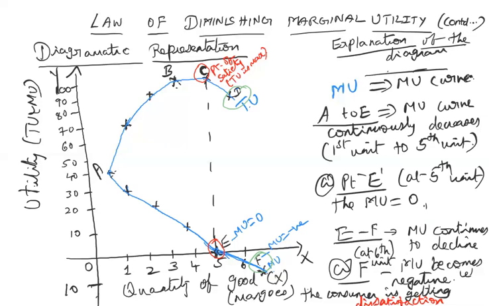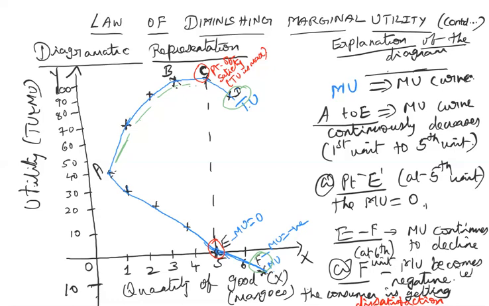We all know that the total satisfaction of the consumer is not increasing at an increasing rate. It is increasing at a decreasing rate. You can see that here the gap keeps on decreasing, isn't it? Initially it is 40, then 30, then 20, it keeps on decreasing.